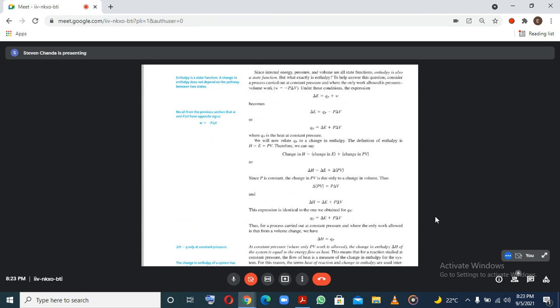Yeah. So we know that internal energy is equal to what? Remember that when we derive enthalpy, we are going to look at a process that's carried out at constant pressure, and where the only work being done is pressure-volume work.